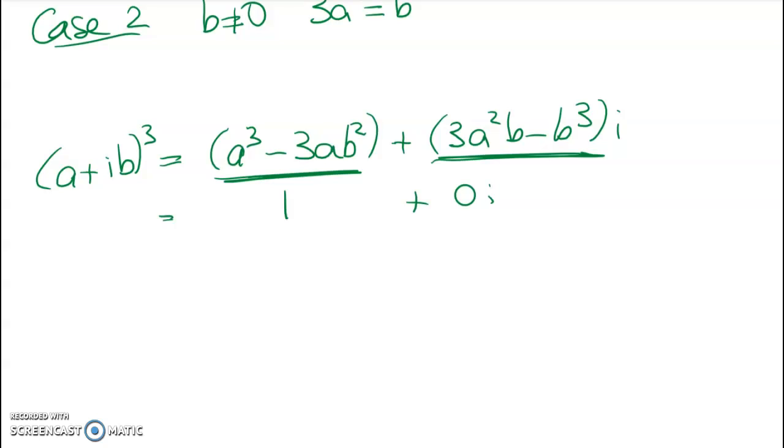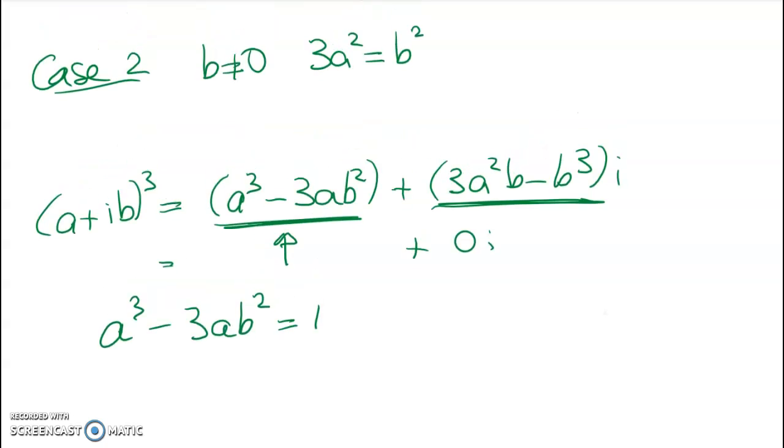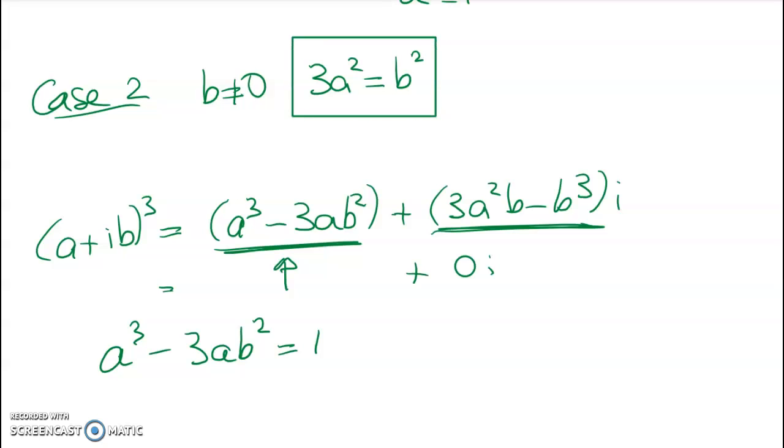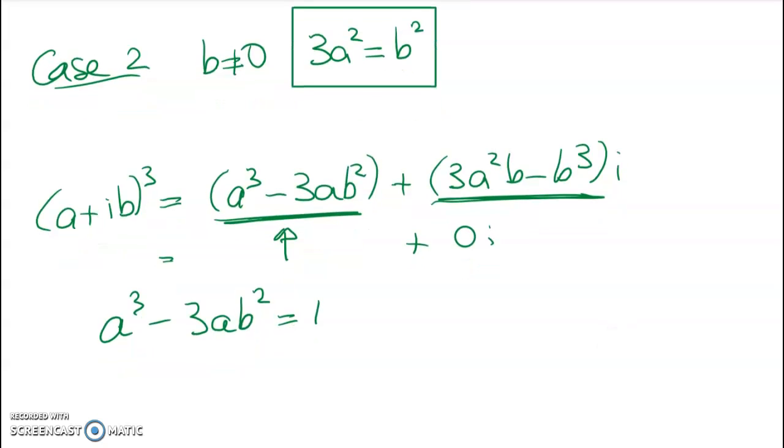So I'm going to work with this first of all. We have a cubed minus 3ab squared is equal to 1. And we can now substitute this. So we know that b squared is 3a squared.